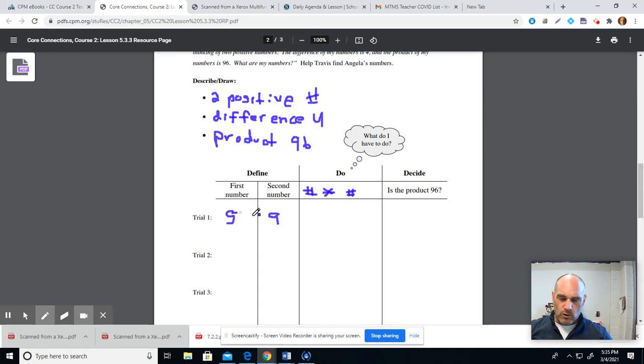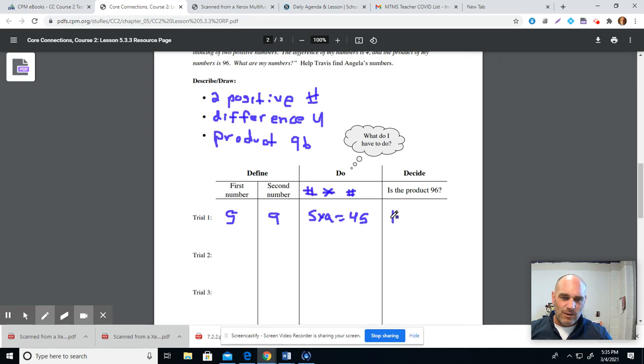The difference of 4, yep, they're 4 away from each other, or when I subtract them, 9 minus 5 is 4. And when I multiply the 2 numbers together, 5 times 9, we end up with 45.